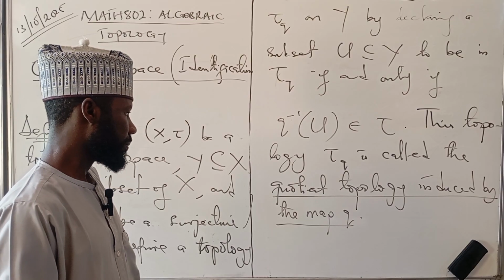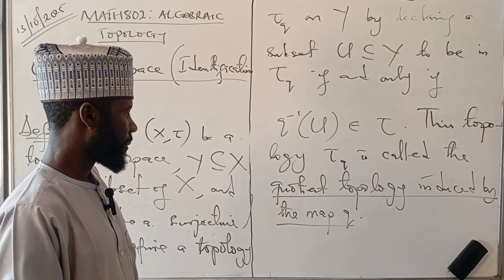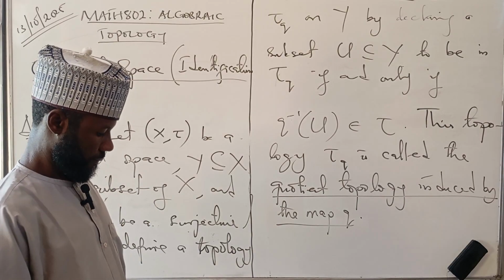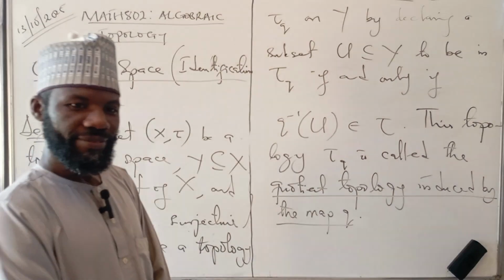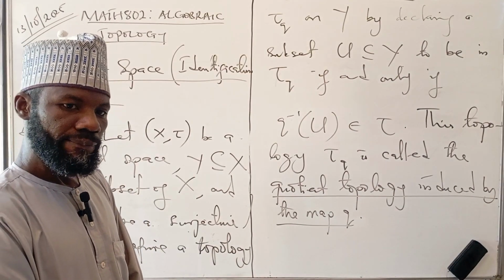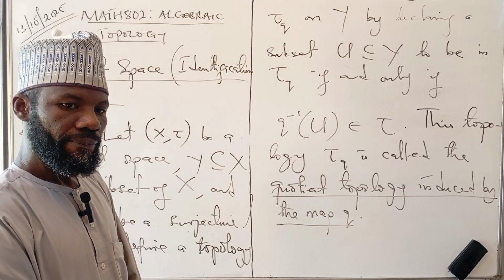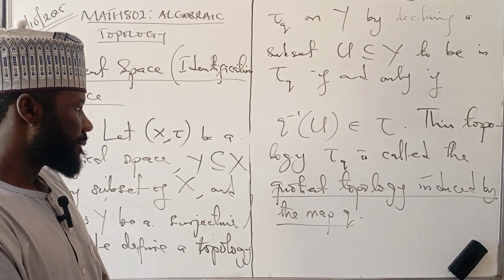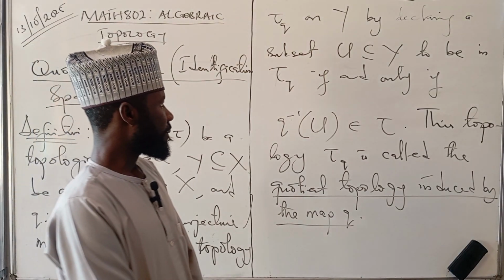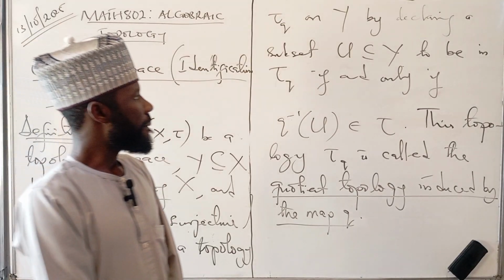The underlying element is an element, not a set, unlike in group theory, where the elements of the quotient group are subsets, different classes. Well, here the elements are just the elements of the topological space. Yes, that's correct.